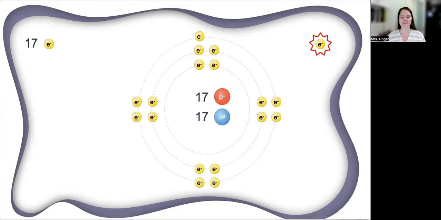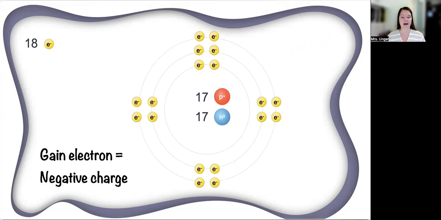On the flip side of this, when we look at something like, I think this is chlorine, 17 protons, 17 electrons, but for it to have a full octet, it's going to pick up an extra electron. That's going to mean it has now more electrons than it does protons, therefore more negative charges than it does positive.